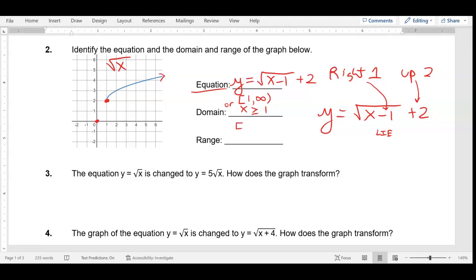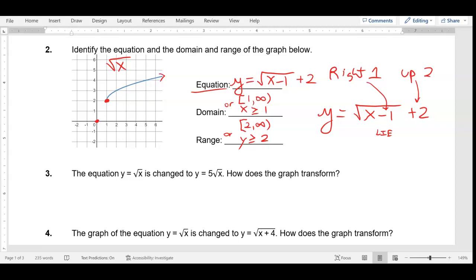So you could say bracket 2 to infinity, or you could just say y is greater than or equal to 2. Either one works. You don't have to write both like I do, but I'm just showing you both, okay?